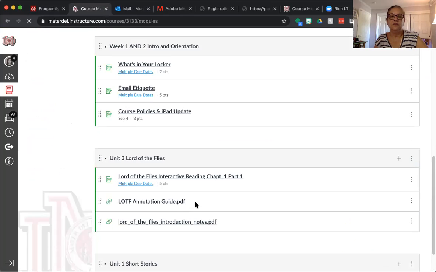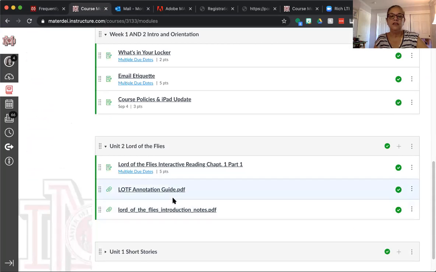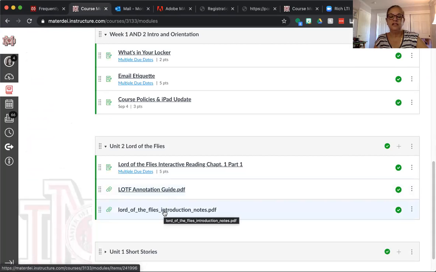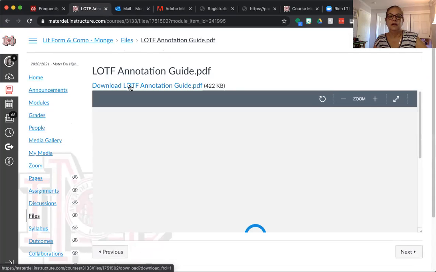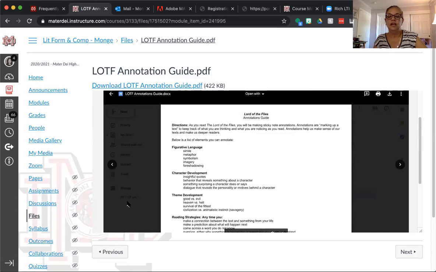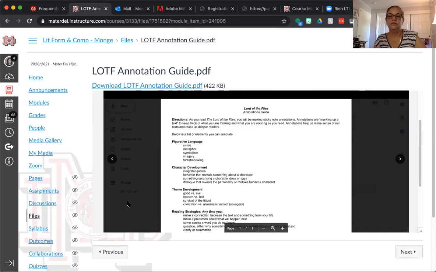Down here, I put it at the top. You'll find this presentation that I gave you earlier, and you'll also find this annotation guide, which if you open it up, it's going to tell you some things that you should look at as you're taking notes, okay?